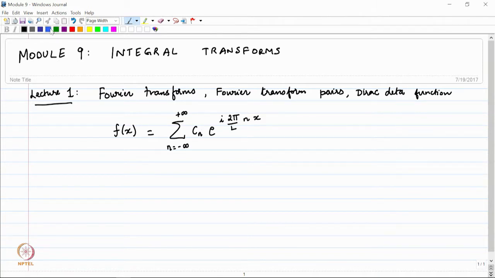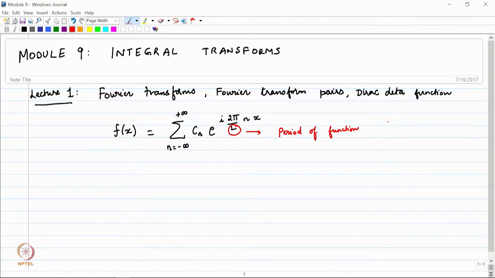Now, let us highlight a few things. First is L, which represents the period of the function. I had alternatively used 2L as the period, but in this case I am using L as the period of the function.